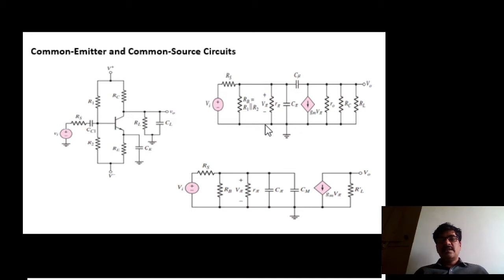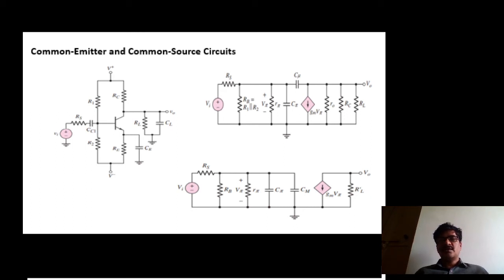Now, using Miller's theorem, the feedback capacitor C mu is converted into Miller capacitance at the input side and shown in another diagram here. Here RB is R1 parallel R2, and then R pi, C pi, Cm, and at the output side Gm V pi, and the equivalent resistance of all these three resistors, r0 parallel RC parallel RL, is referred to as RL dash.